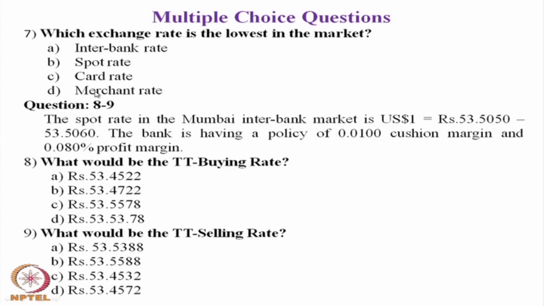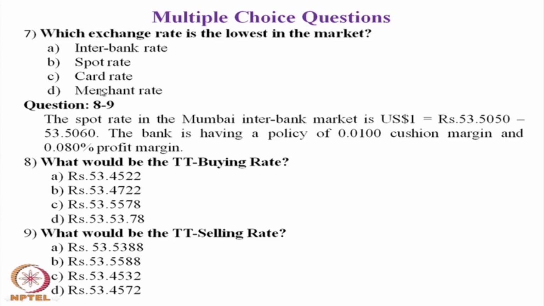Exporters and importers have high volume transactions, and because of that they command the market and get the lowest possible rate. The merchant rate is the lowest possible rate in the market. So, question number 7, the answer is D, merchant rate.